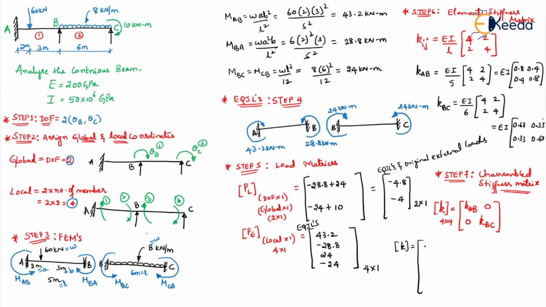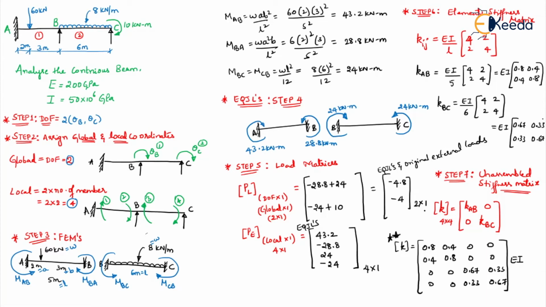You just write those values which you have obtained in your element stiffness matrices: 0.8, 0.4, 0.4, 0.8, then zeros, and then 0.67, 0.33, 0.33, 0.67, into EI. So this is your unassembled stiffness matrix.